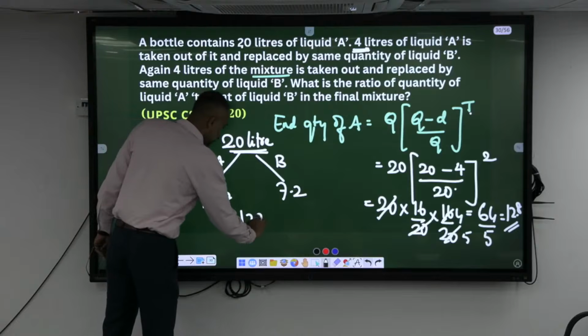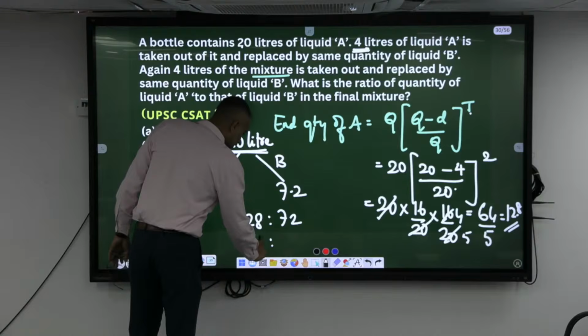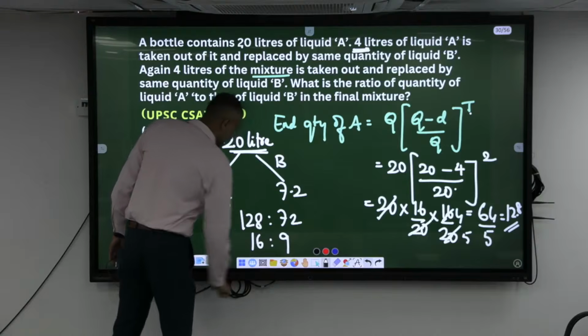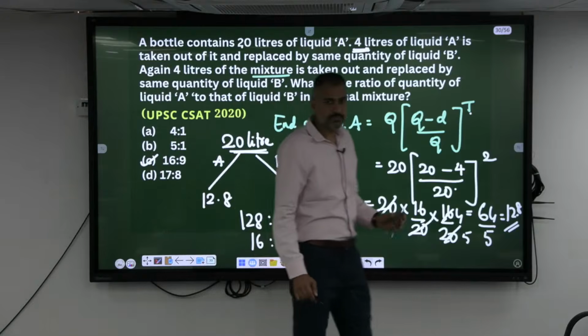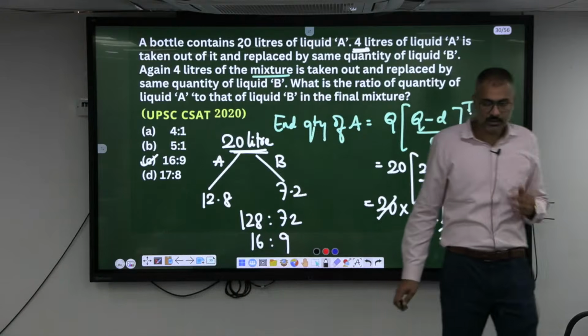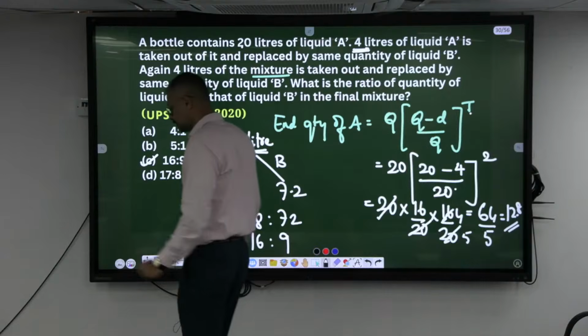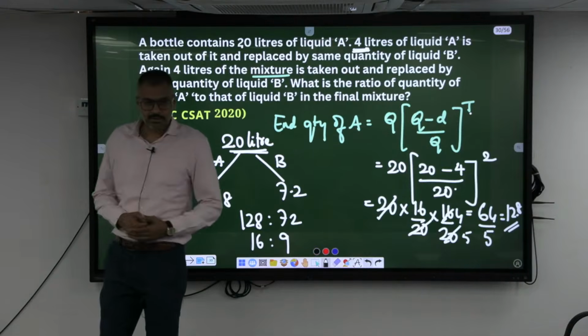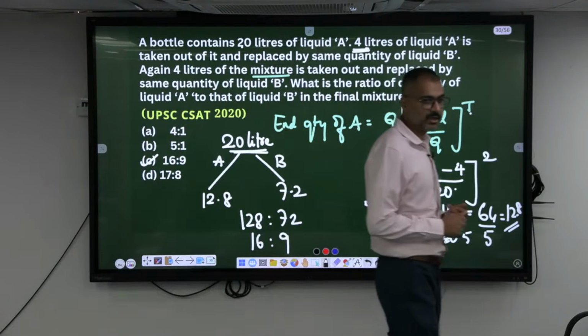128 and 72 are in the ratio 8 into 16, 8 into 9, 16 is to 9. Okay, successive. It's been done successively. Remember, the successive we have done in percentage also.